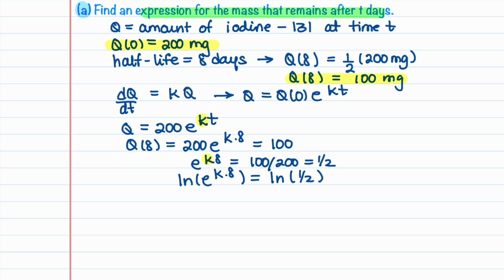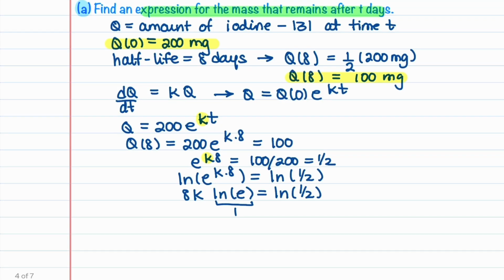We can pull the 8k out in front, so we have 8k ln e is ln 1/2. Natural log of e is just 1. So this gives us that k is equal to natural log of 1/2, all divided by 8.